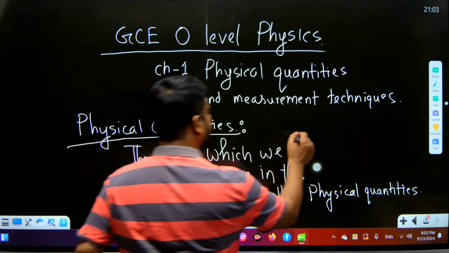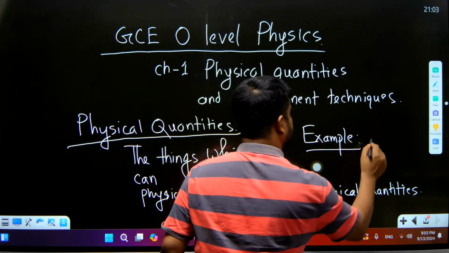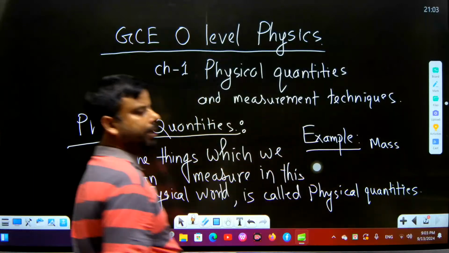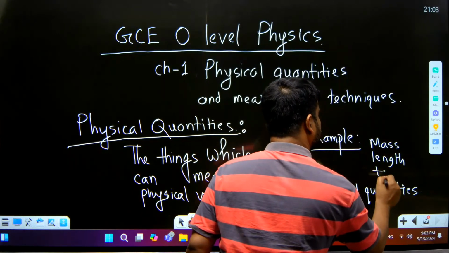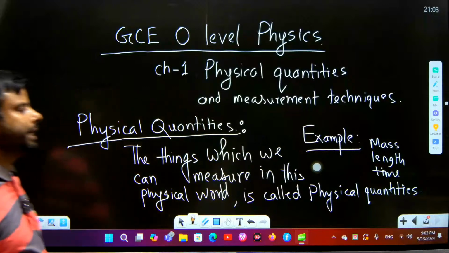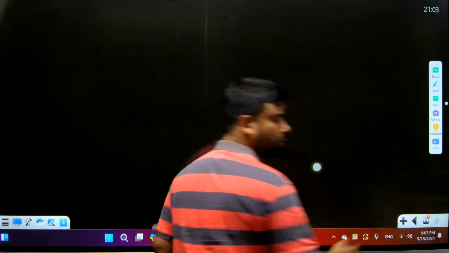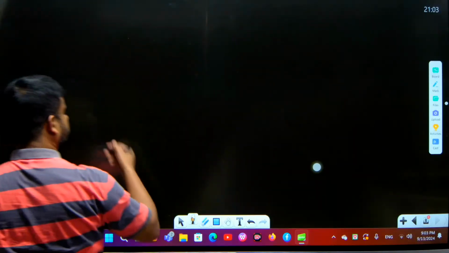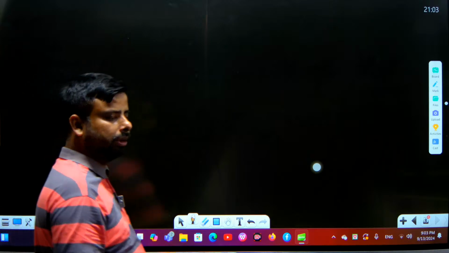Examples are mass, length and time. There are also non-physical quantities like emotion, love, affection and patriotism. We cannot measure these things, which is why they are non-physical quantities.